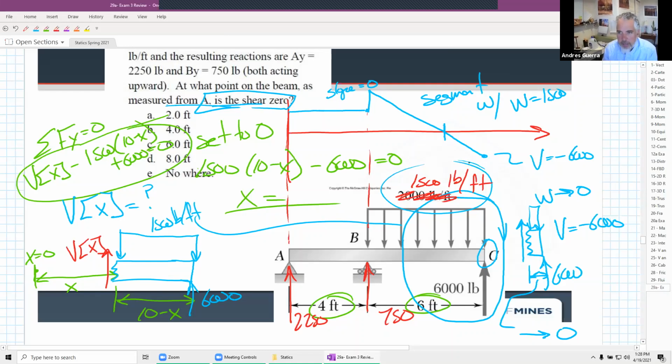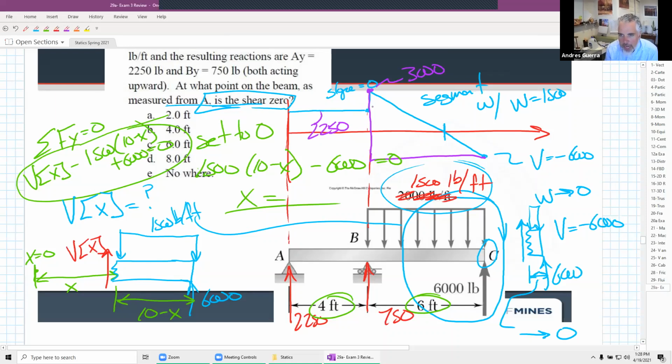Colin was asking if I could explain the similar triangle approach for this one as well. The similar triangle approach uses the fact that we know this whole triangle right there. If we know the value of the shear is 2250, and then it gets up to right here, our value is 3000.